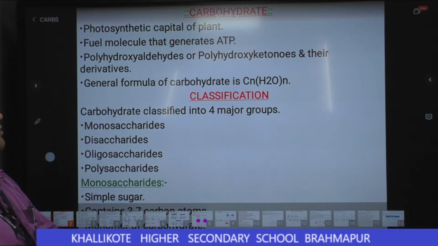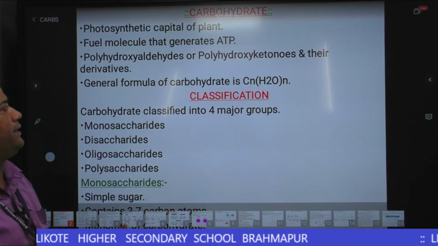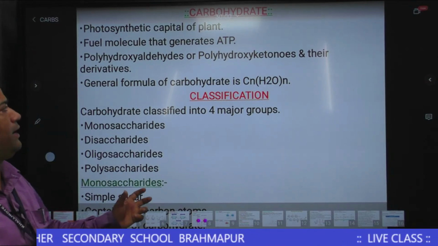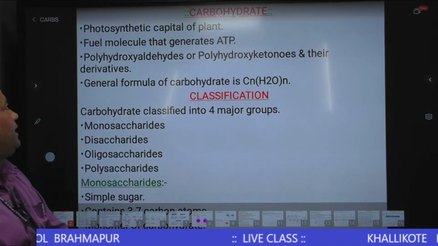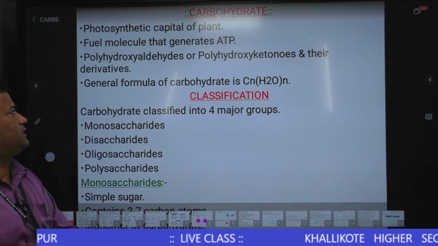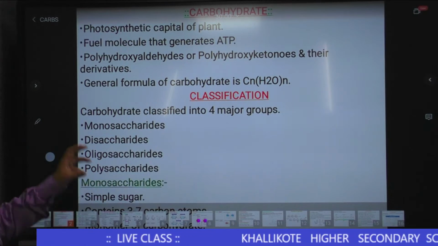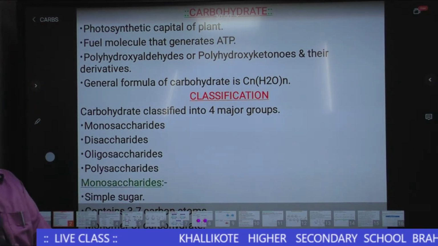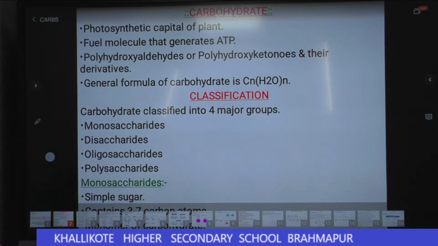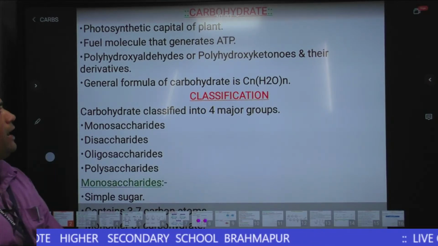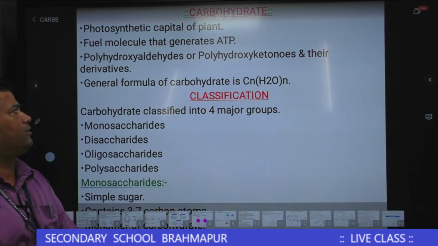Because carbohydrate forms about 80% of the plant body, it is an important constituent of the plant body. So this is also called the photosynthetic capital of the plant. But about 1 to 2% of the animal body is carbohydrate.